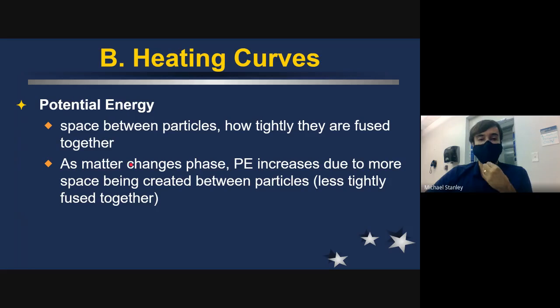And so as matter changes phase from either solid to liquid or liquid to gas, the potential energy of that matter is going up because the particles are getting more spaced apart. So going from one state to another is causing the potential energy to go up because we're spreading those particles away from each other. And being further away means they have more potential energy.